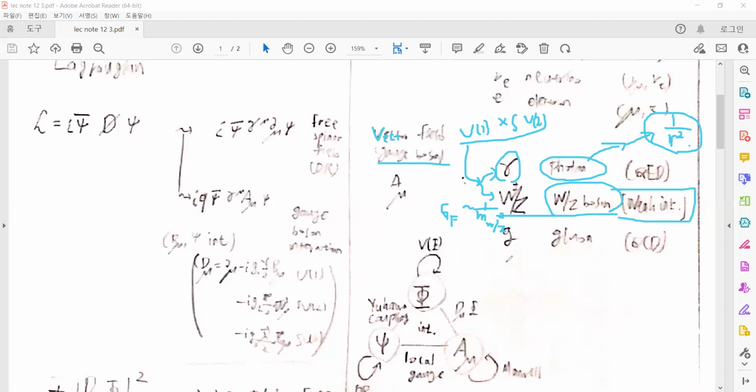In the QCD case, the gluon is still massless, but the potential is significantly different. There are color confinement and asymptotic freedom properties, so the gluon interaction occurs only around very short distances.